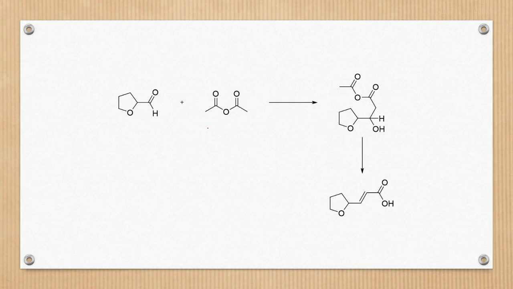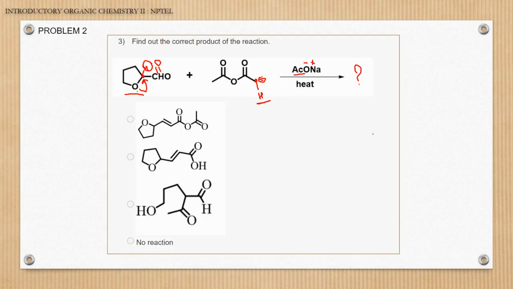So here the anion is generated, and as you have a nucleophilic center here, an electrophilic center is also present in the reagent, that is this carbonyl carbon. So it will attack the carbonyl carbon and give you this alcohol.